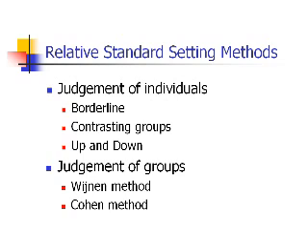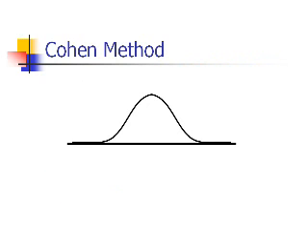Therefore, Cohen proposed a different method. She also took the total test score distribution as a starting point, but instead of taking the average performance of the average test taker, she decided to use the best students, for example by picking out the P95 score. So the percentile of the 95% is taken as a reference point.